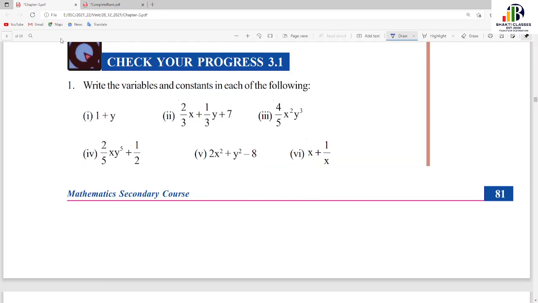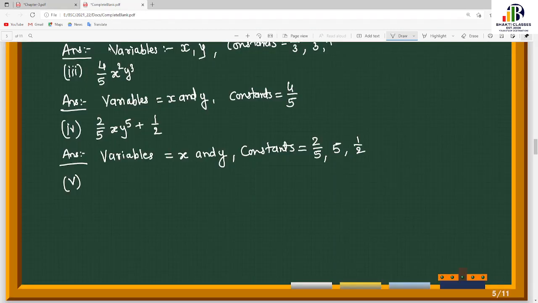The fifth, 2x square plus y square minus 8. What are the variables? Can you tell me? X and y.